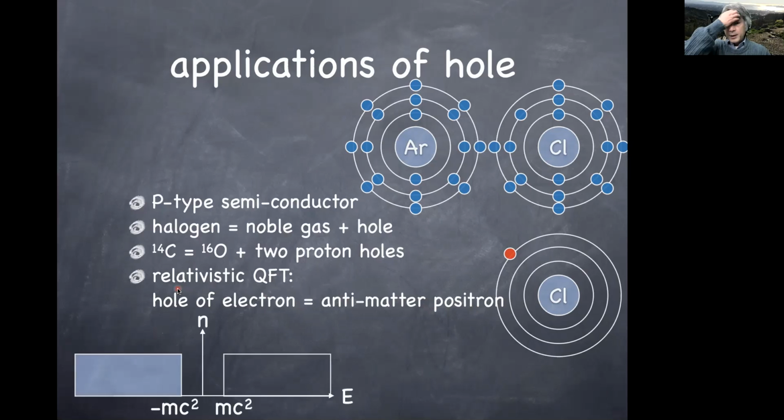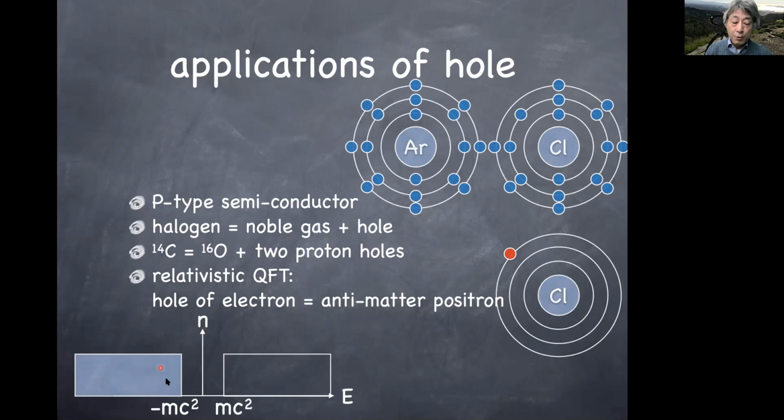So it turns out that in relativistic quantum field theory, you find electron states with a negative energy, but you also find solutions which have positive energies. And for negative energy states, just like in the case of the metal, you have to occupy all of these negative energy states to find the ground state. Because the chemical potential is 0, everything below 0 has to be occupied.